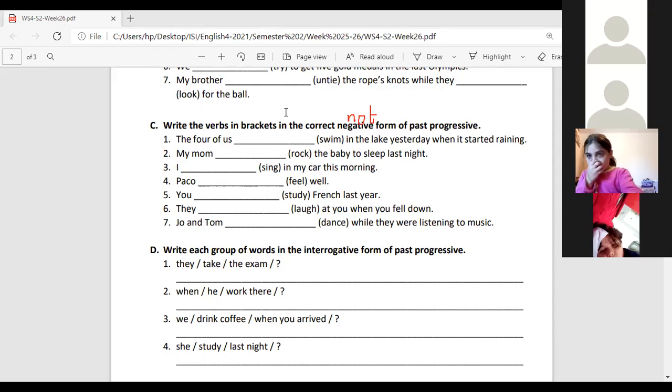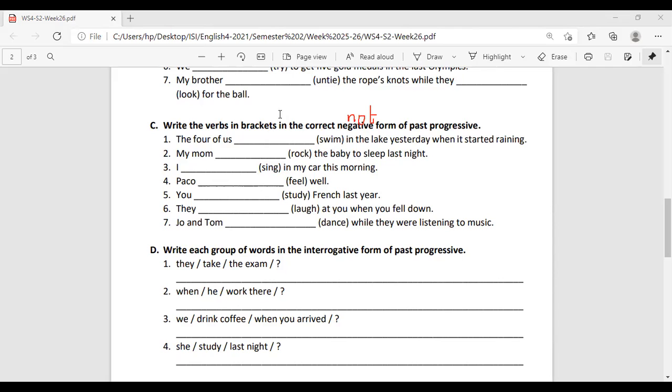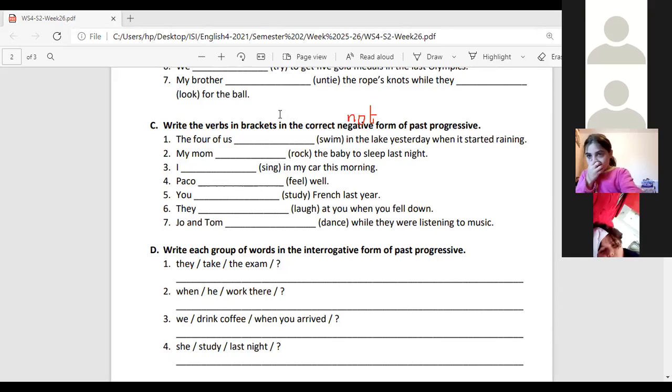I say the four of us were... Make it negative. I want to add not. When I say negative, it means that I need to add not. Where do I add it?